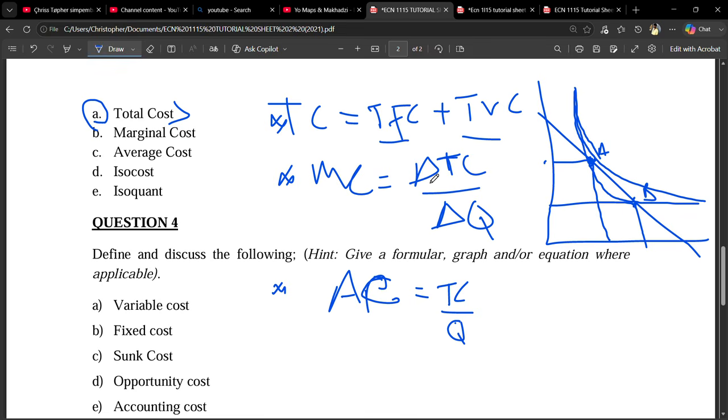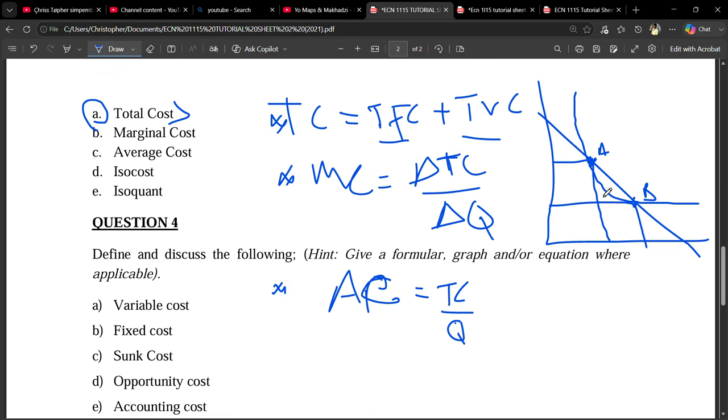Now, what is an isoquant? An isoquant is the same curve that I drew here that looks like an indifference curve, and I'm sorry I said it was an indifference curve. It's called an isoquant. We've done too many of these graphs and we've forgotten the difference, but otherwise I believe you get what I'm saying.